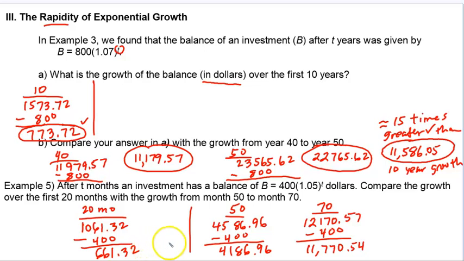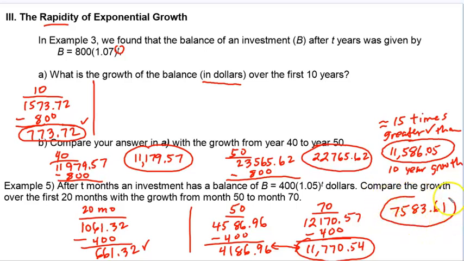11,770.54. Okay, so the comparison is the growth in the investment after 20 months versus the growth between months 50 and 70. So when we subtract these two numbers to get the overall growth in this 20-month time period, we get 7583.61. That's the difference between these two. Okay, and so now I'm comparing that final number that represents the growth between 50 and 70 months versus the growth in the first 20 months.